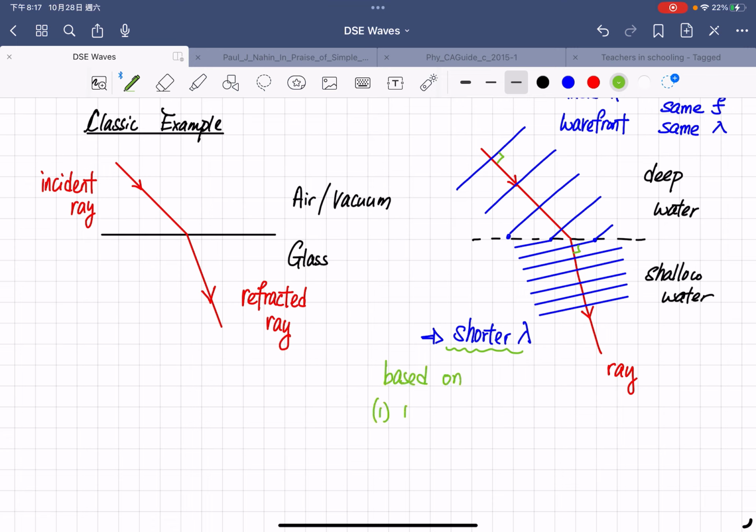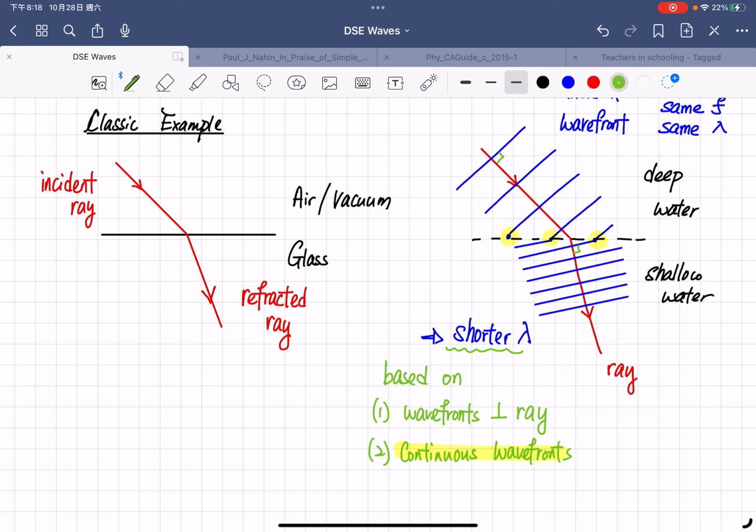First, that the wavefronts are perpendicular to the ray. And the second one is we need the wavefronts on both sides of the media to match at the boundary. So we need continuous wavefronts. So we need this location here, and then need this one.